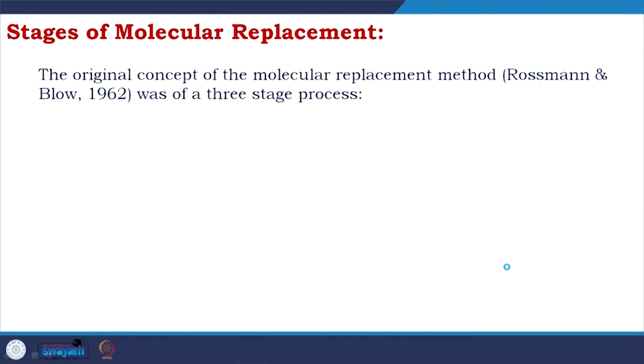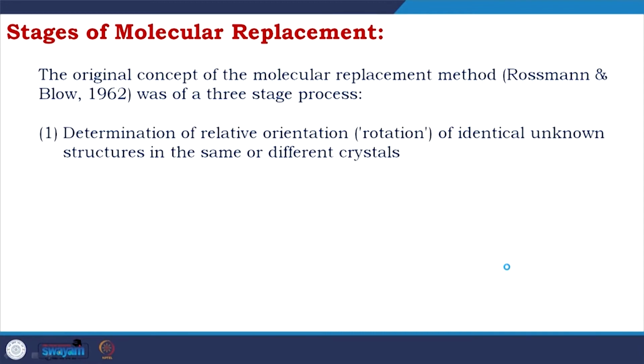So, let us go into the process. The original concept of the molecular replacement method was a 3-stage process, as I told, by Rossmann and Blow in 1962. Determination of the relative orientation, rotation, of the identical unknown structure in the same or a different crystal.